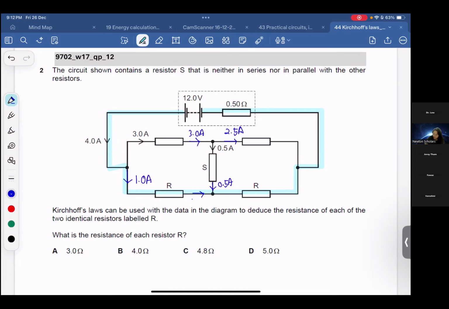First step, label all the current. First step, label the current in all branches.